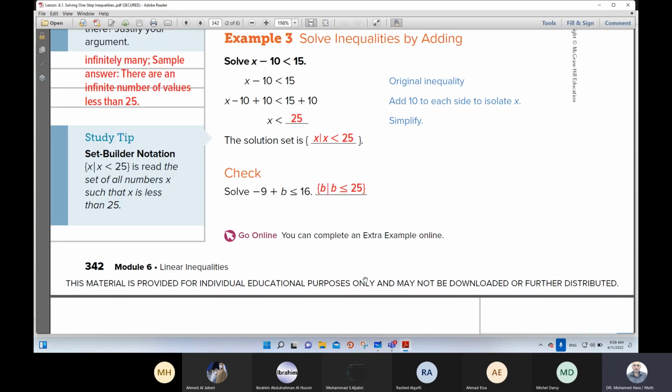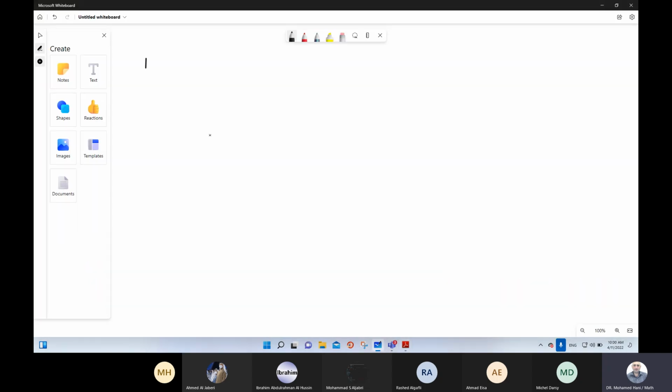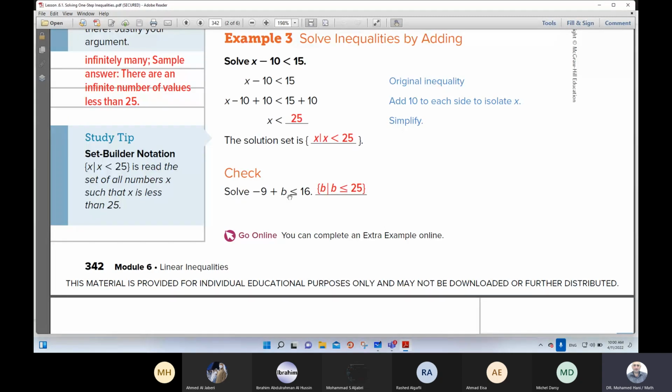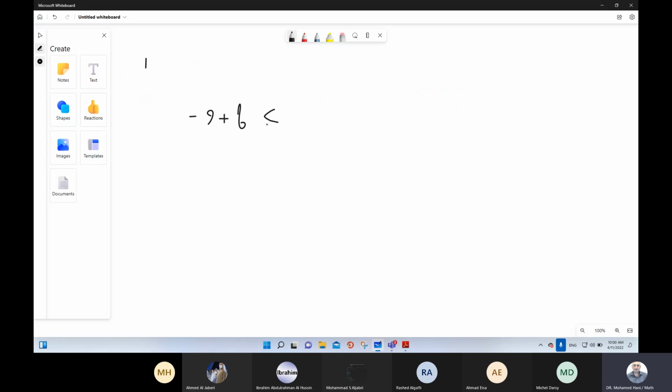We have negative 9 plus b less than or equal to 16. To solve this inequality, try to keep the variable alone on this side.